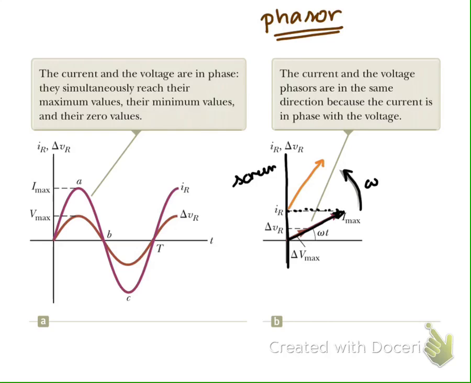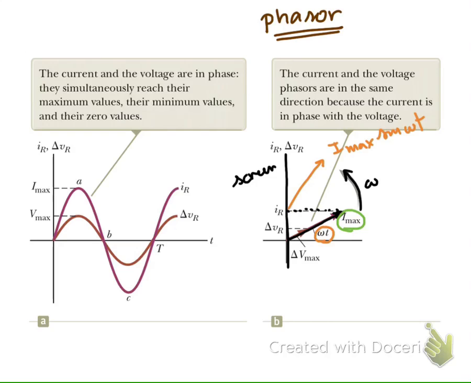You will have that, if we now talk about the signal of the current I, and the length of the bar is I max. So the signal here can be written as I max sin omega t, right? The angle here is omega t.